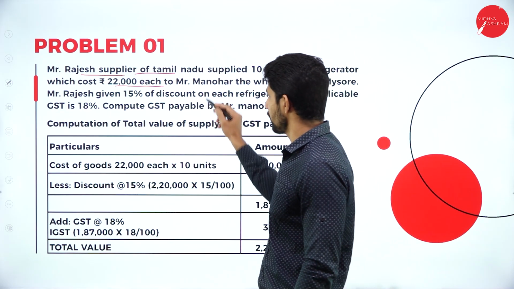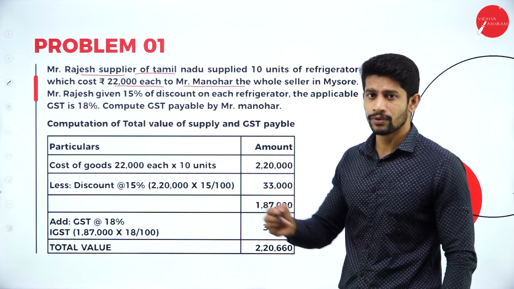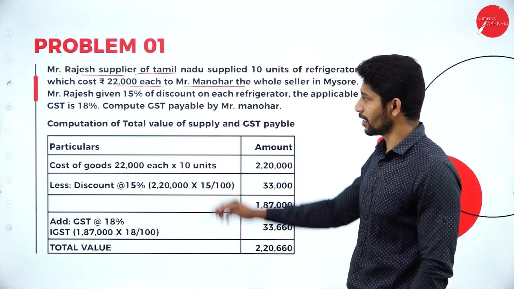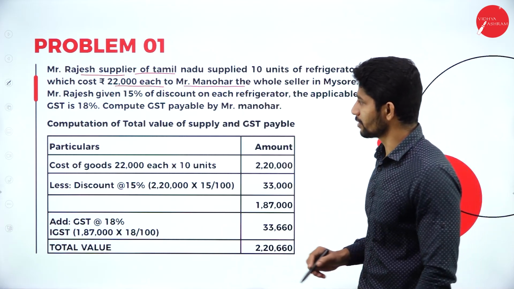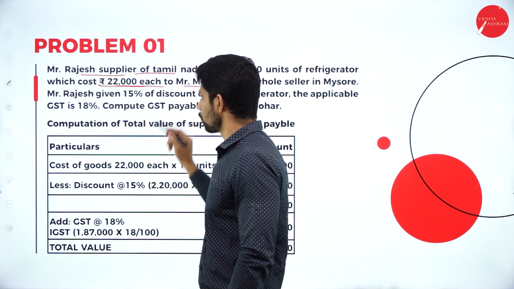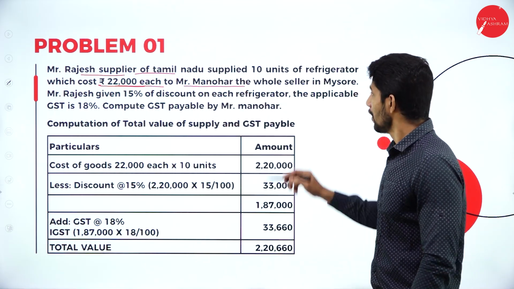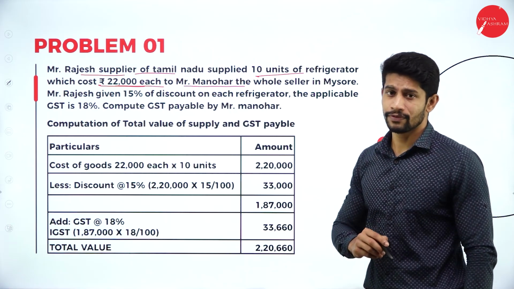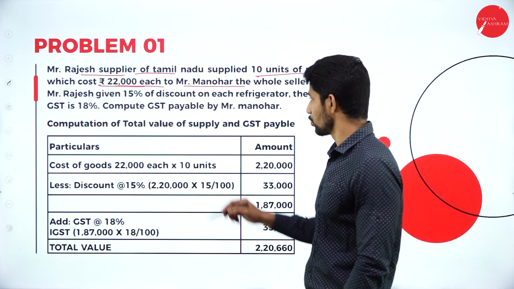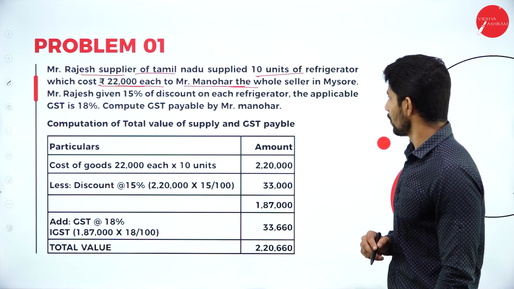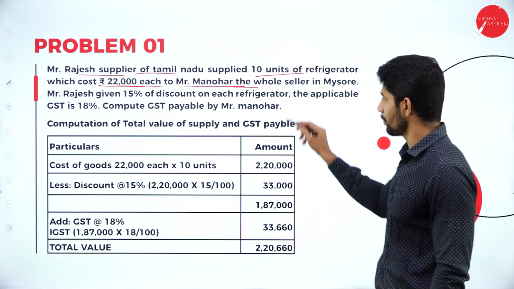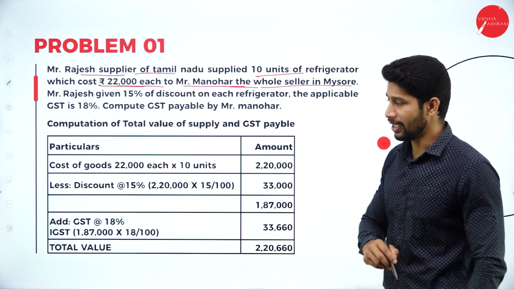And the other party is Mr. Manohar, who is purchasing the product from Mr. Rajesh, for rupees 22,000 each. So here Mr. Rajesh is supplying 10 units of refrigerators which cost 22,000 each to Mr. Manohar, the wholesaler in Mysuru.